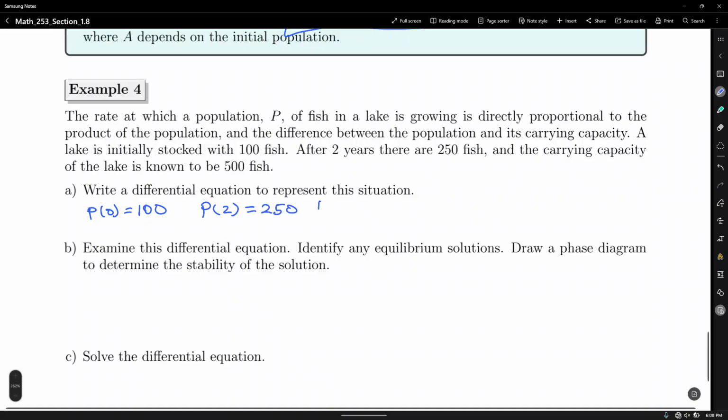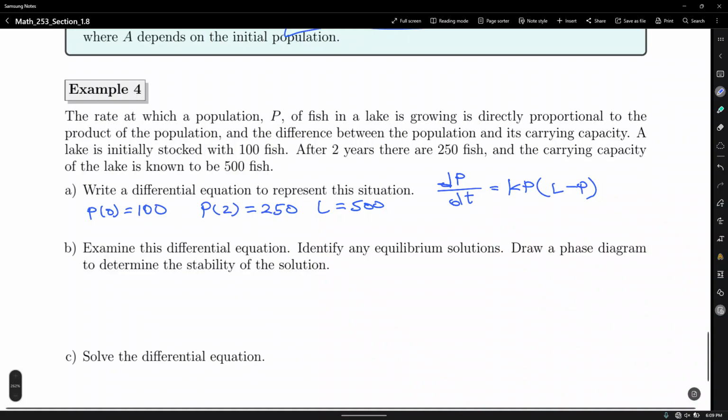And the carrying capacity, that is L, which is a letter to denote some limit, some maximum value, is 500. It can only hold up to 500 fish. So the differential equation in question is dP over dt equals kP times L minus P.